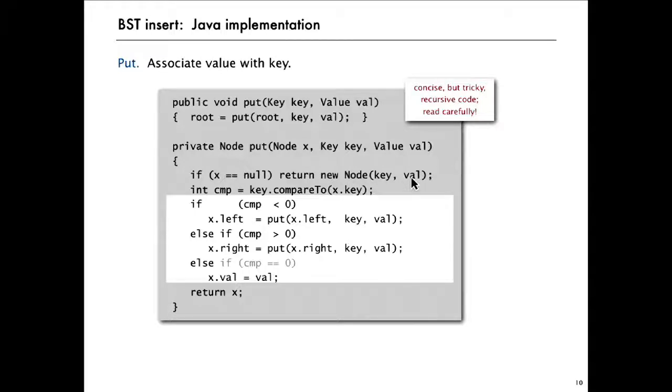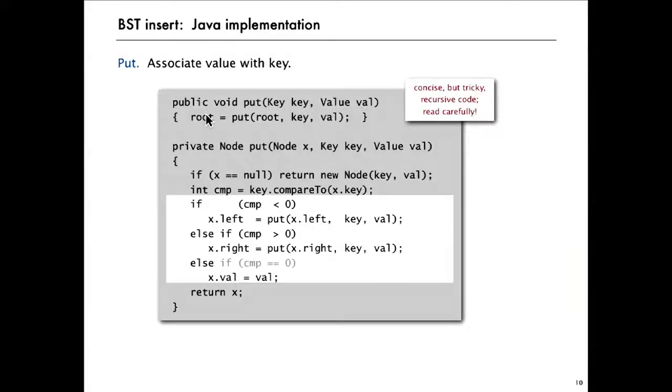And then that one has null links. So in this case, that first call will return a link, and whatever link gets returned, that'll be set to root. So without any extra special code, we insert a node into an empty tree.